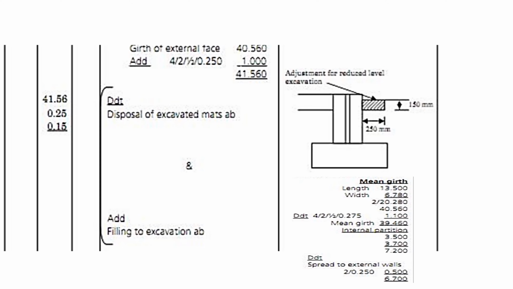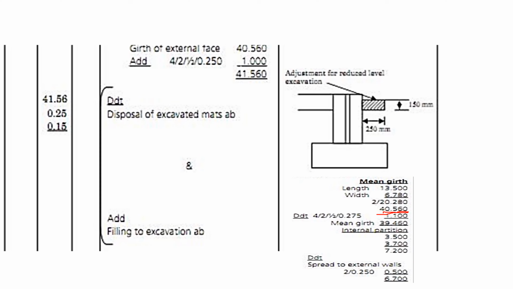So how do we calculate that volume of soil that we shall reinstate? We shall take the center line of reinstatement, which usually is calculated by taking the external dimensions of the plan. The external dimensions, as you can see here, were 40.56.